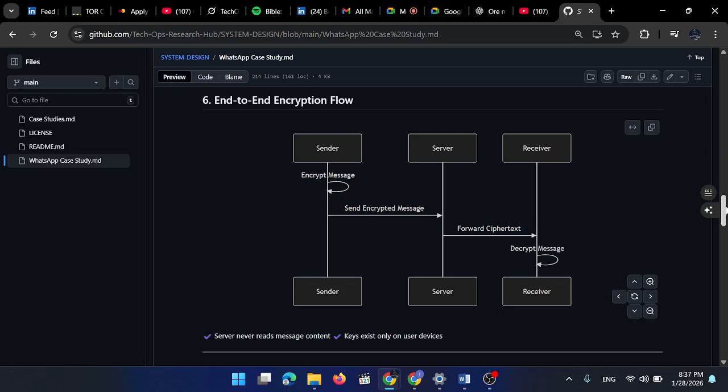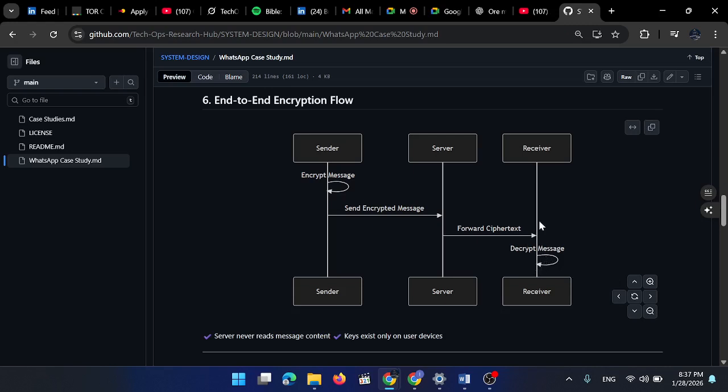As you can see here, we're talking about message encryption, which is already encrypted from the sender, and then the message is sent through the server, and thereafter it's forwarded as a ciphertext to the receiver. Once it's sent to the receiver, the message gets decrypted. So it's the receiver who decrypts the message and then reads it.